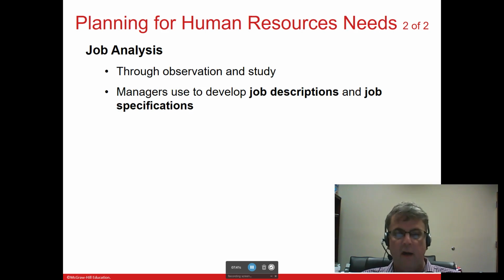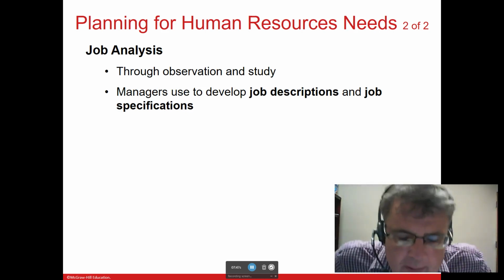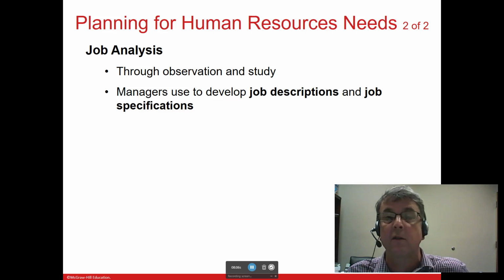Another part of planning for human resource needs is job analysis. Job analysis determines through observation and study the specific tasks that comprise a job, the skills, knowledge, and abilities needed to perform it, and the job environment. Managers use job analysis in two ways.